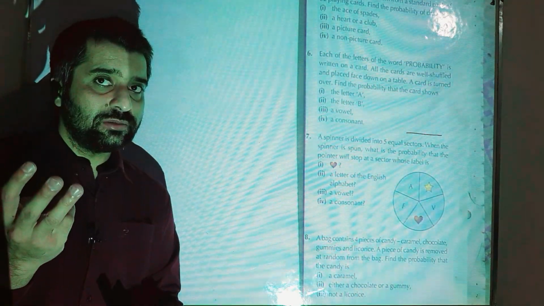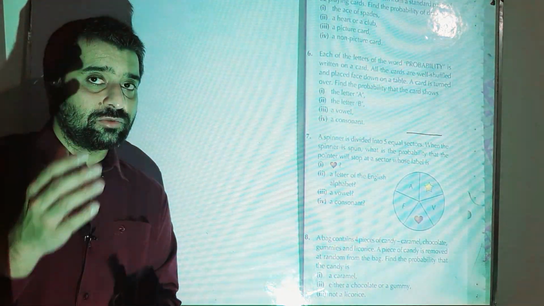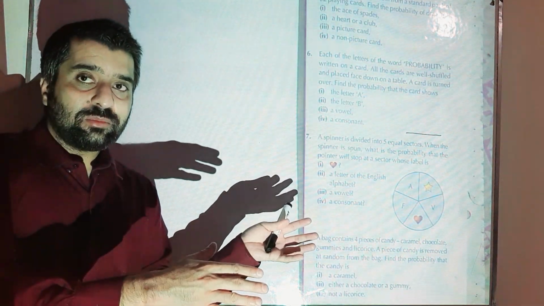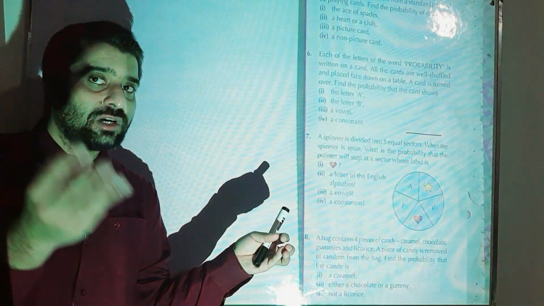Out of the 13 cards of each suit, 3 are picture cards. Anyways, the ace of spades.